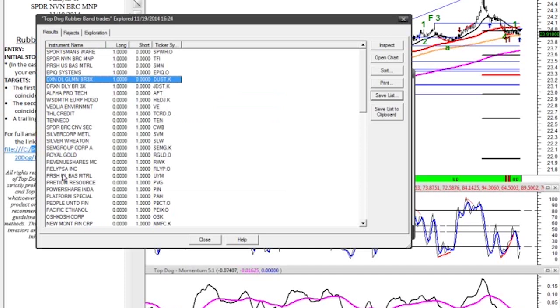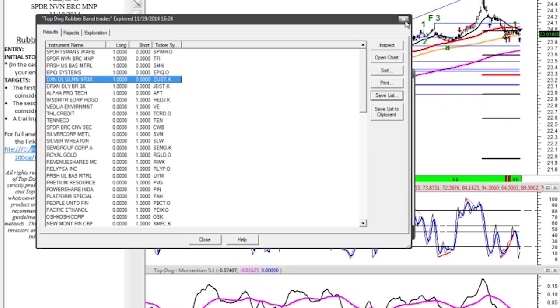One thing you should be aware of is that when I run the rubber band trades, you remember one of the confirmations was to check it against the weekly as well. When you run the rubber band trade setup, it's not going to actually look at the weekly charts, but I can open up the chart and check the weekly to make sure there's a confirmation there.